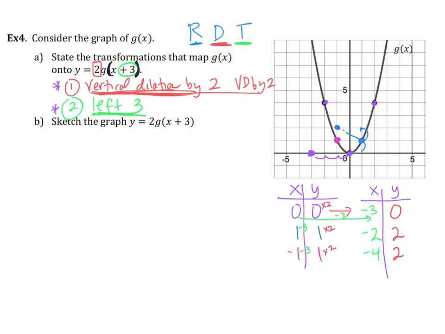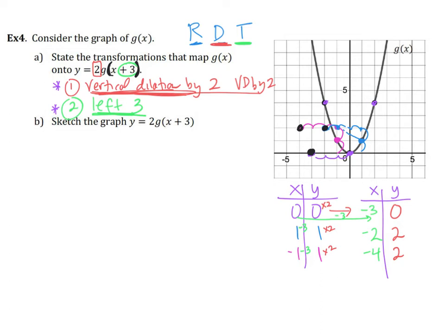So this point doubles its height, so it goes up twice here, and then it goes to the left 1, 2, 3, so this is the new point. I see my blue one is wrong because I only went left 2, so it should be left 1, 2, 3, apologies. So that's my blue point. So you can see here I have this point, I have this point, and I have this point.